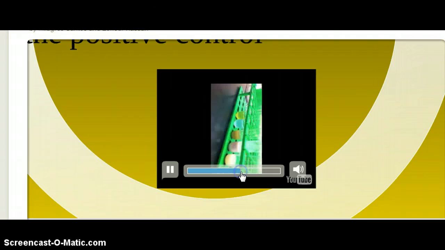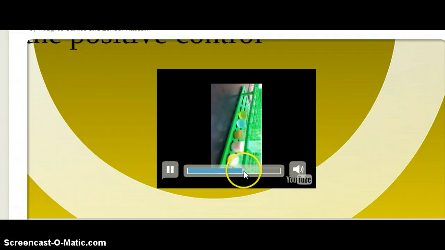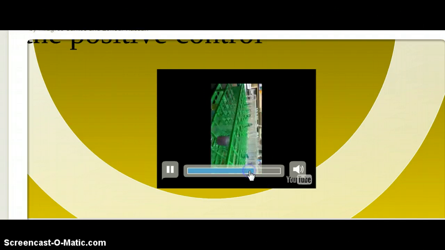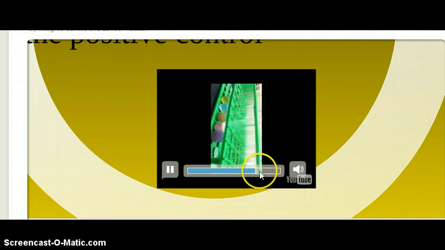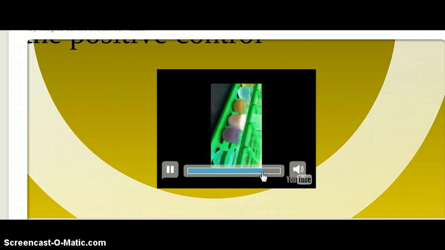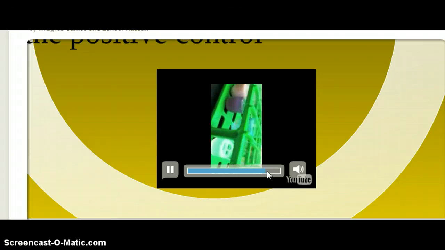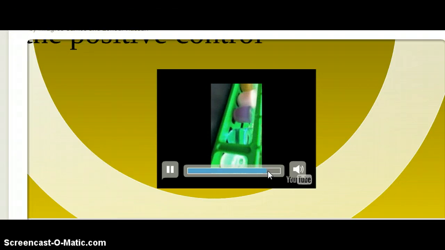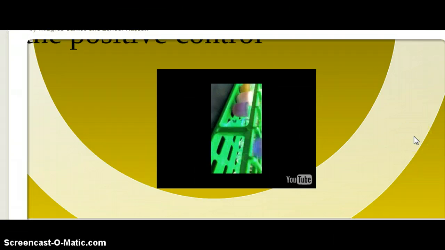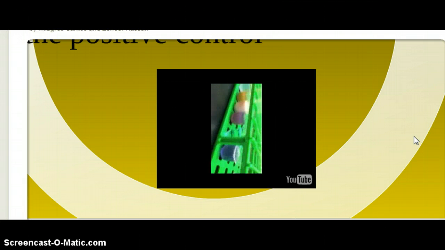Yeah, why? Number 4? Mm-hmm. 4 and 6 are... We still have to see if they're positive. Where's 4? 4 right there. Purple color.